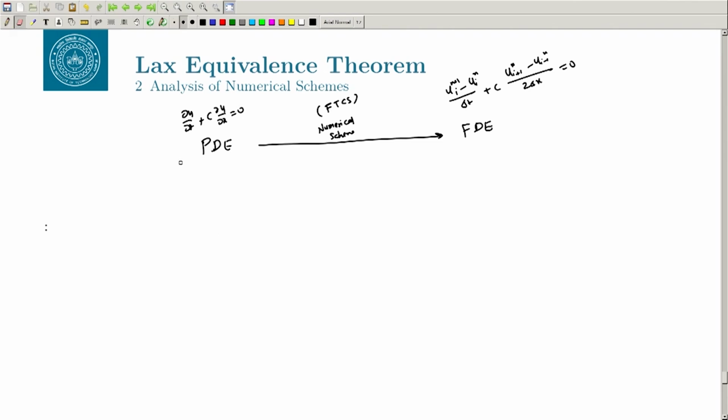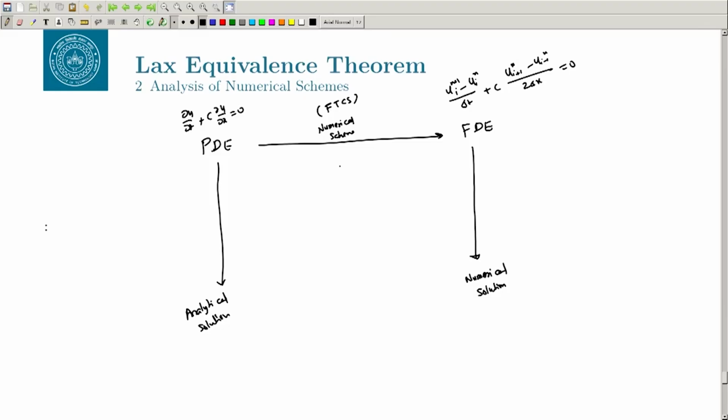Now, from your PDE you can have a solution. Let us call it a solution of the mathematical model, the theoretical solution or the analytical solution. When we solve this FDE you will have a solution, which we call the numerical solution or the computed solution. But in between, because you are using a particular numerical scheme, you will have the exact solution of the numerical scheme.